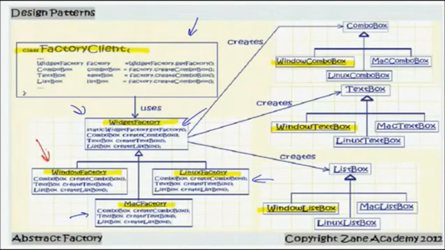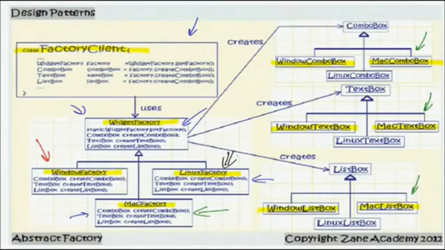And for Mac, we have a Mac combo box, a Mac text box, and a Mac list box that are going to end up being created by the Mac factory. Okay, and same thing for the Linux one. They're going to end up being created by the Linux factory.